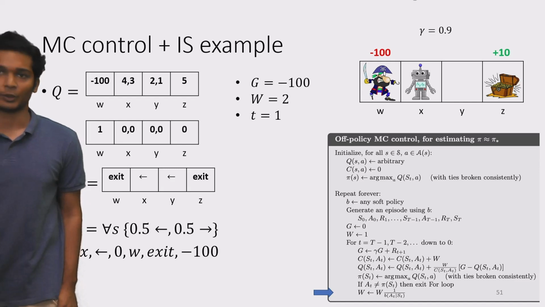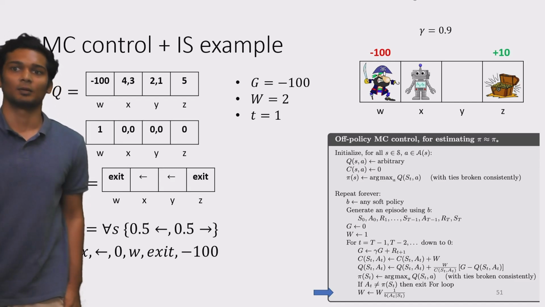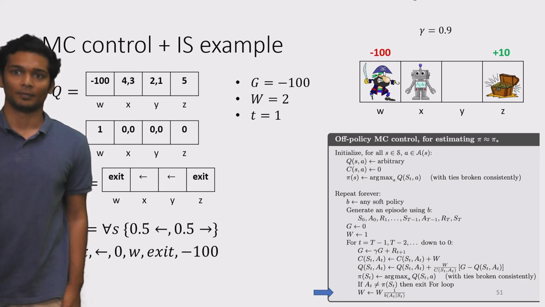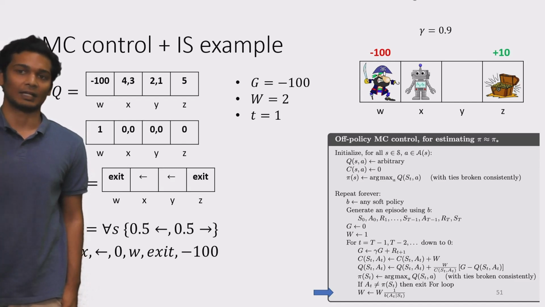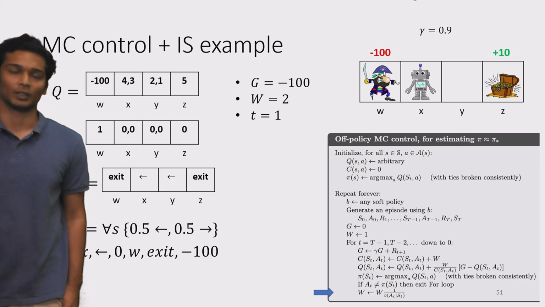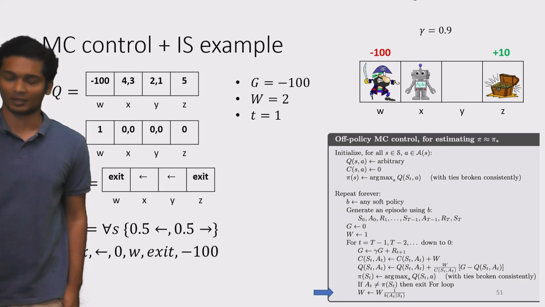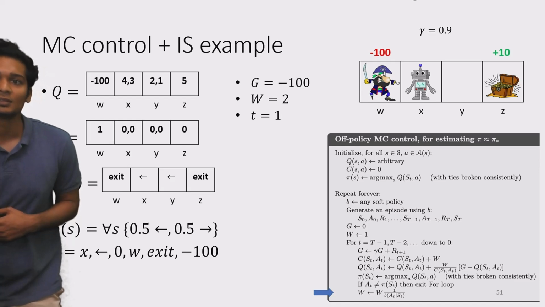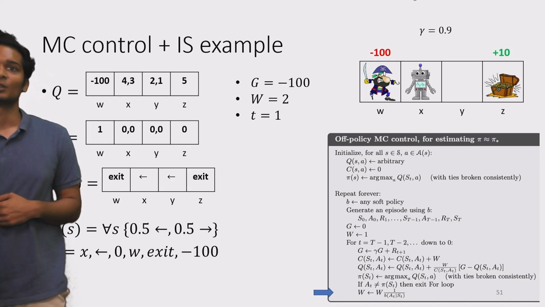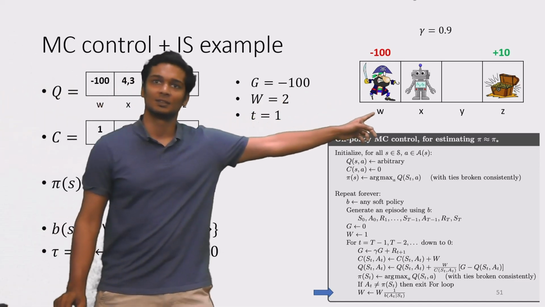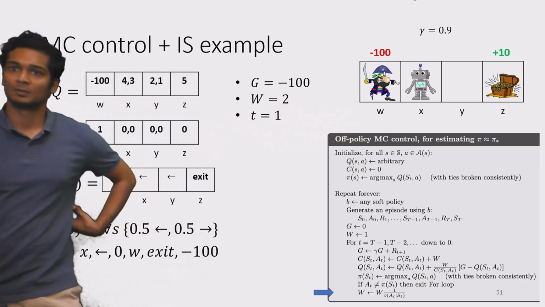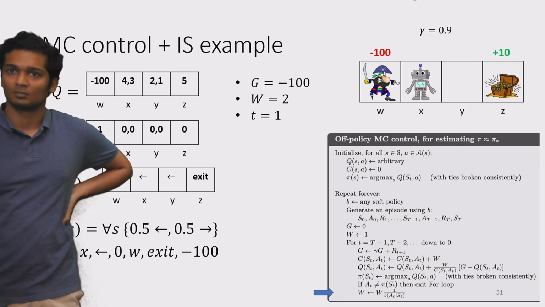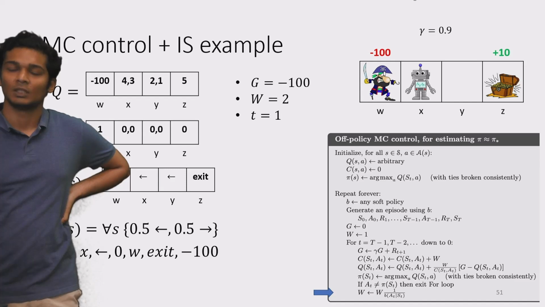Now we update W. W was previously 1, multiplied by 1 over the probability of taking this action in the state. I thought the probability is 1 because there's only one action you can take in state W, but sorry, that's half.